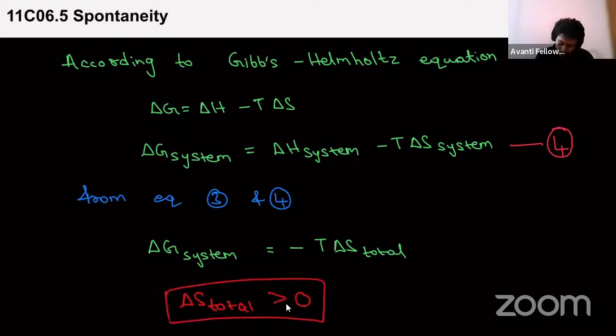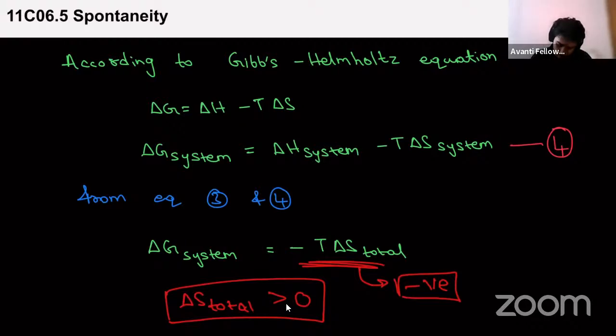What does that mean? What is this whole value equal to? This will always be negative. If the change in entropy is positive, then minus T delta S is negative. What does that mean? The Gibbs free energy is negative. And if Gibbs free energy is negative, that means it gives us a spontaneous reaction.